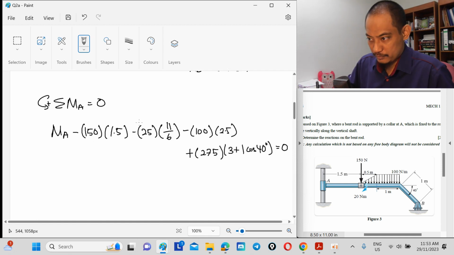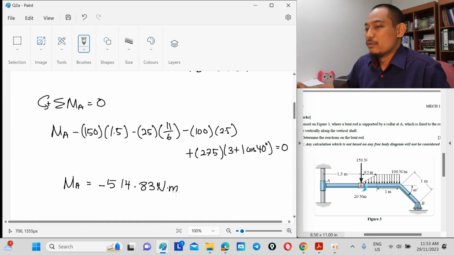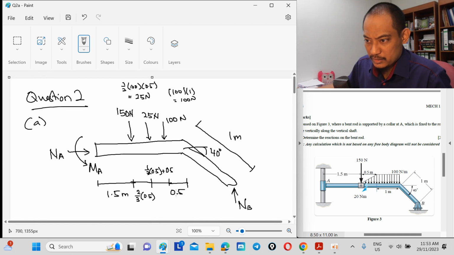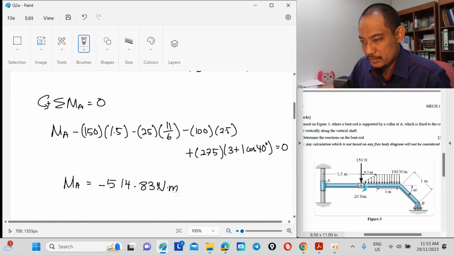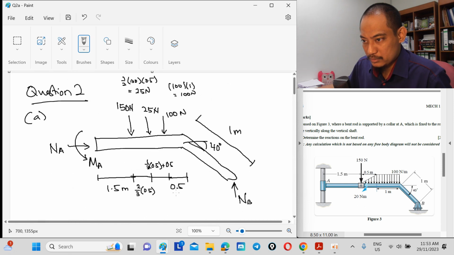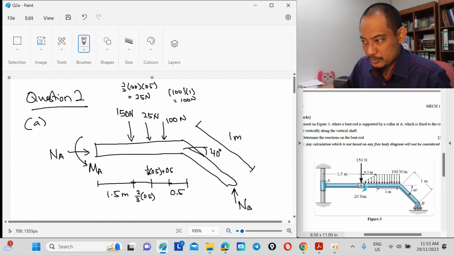Okay, I got 5. Let me check all. Right, it becomes negative, right? Okay, double checking if we missed anything. And A doesn't produce a moment. Calculating MA, the force N doesn't produce any moment about point A.